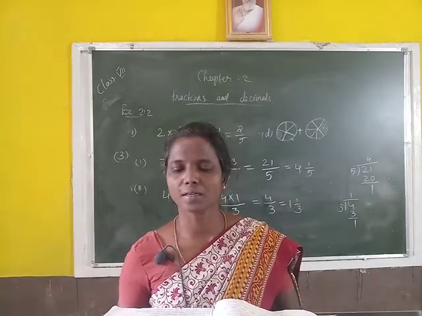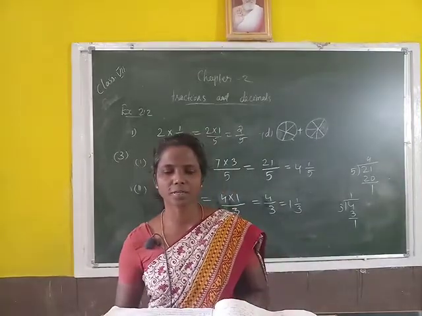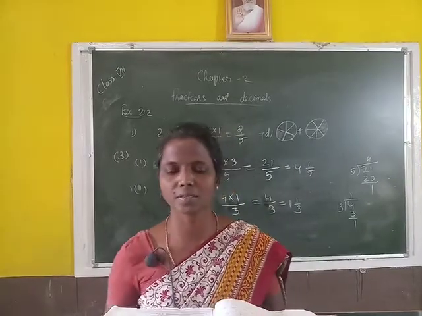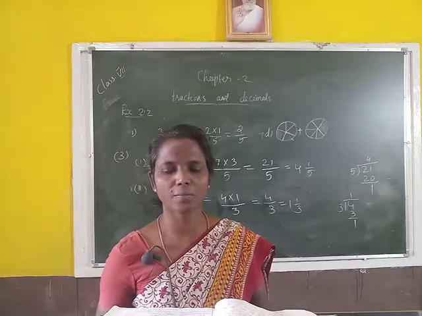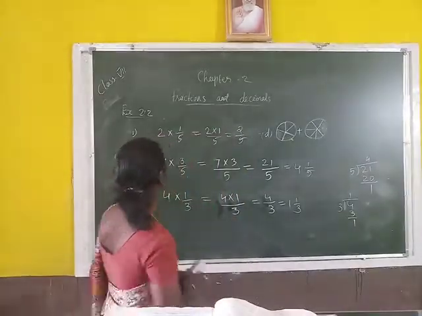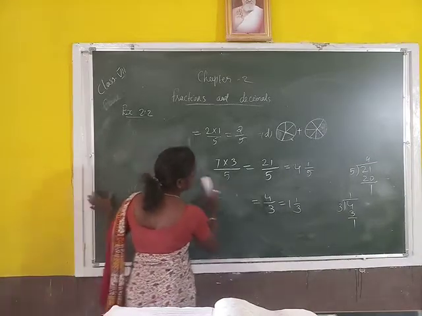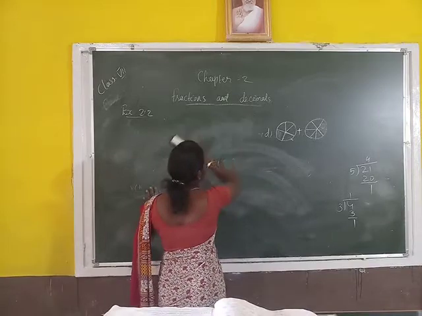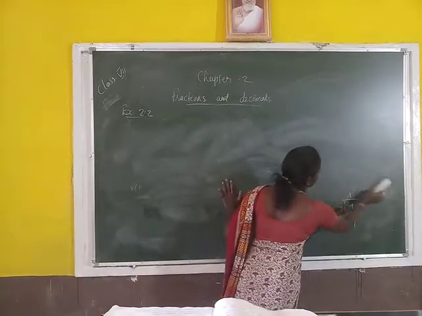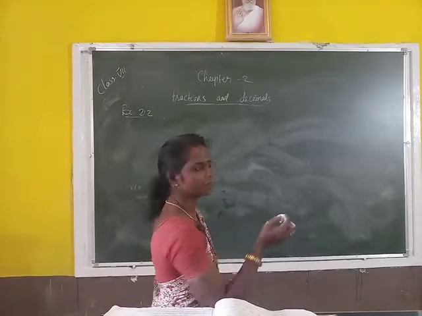The next question number 4, look: half of the circles in a box. Here a box is given with some circles, some pictures are given. You find out the 1 by 2 part of this box. Look, fourth question.